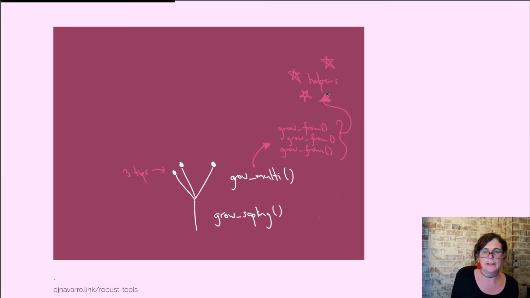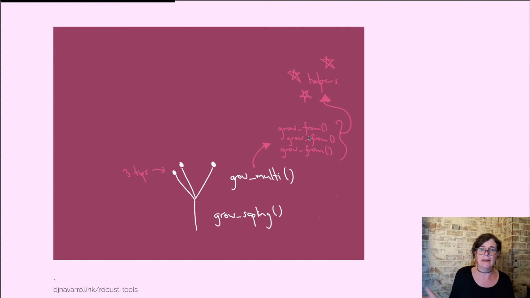You don't have to think in terms of all of the low-level operations like adjust x, adjust y. You can just think in terms of a grow from operation. So a grow multi operation should consist of 3 grow from operations, and we will just let those functions take care of themselves. And we already wrote our code in a way that lets them do that.